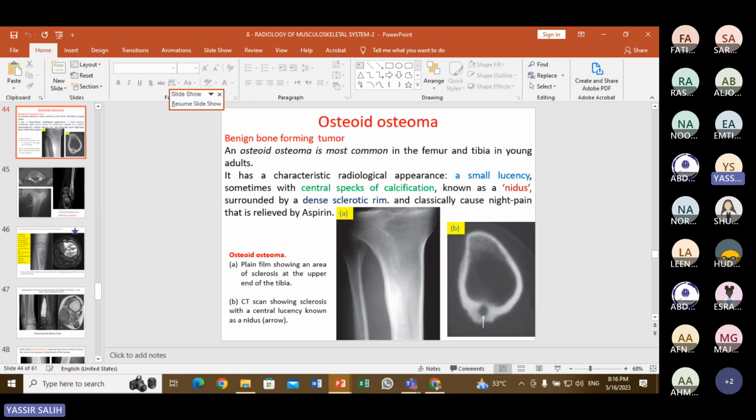What is the most likely diagnosis? Aneurysmal bone cyst.